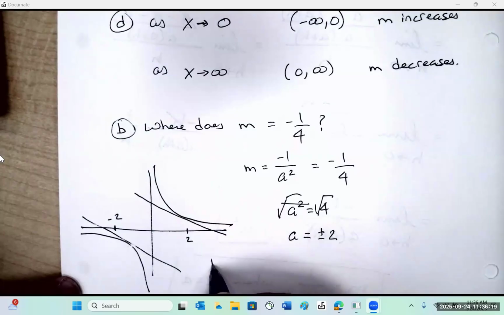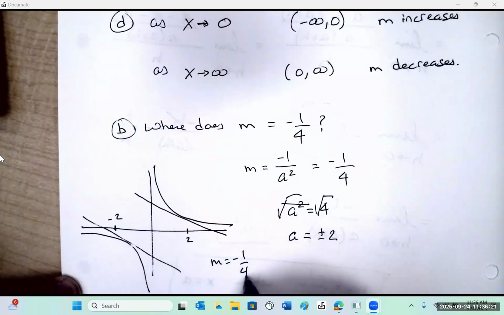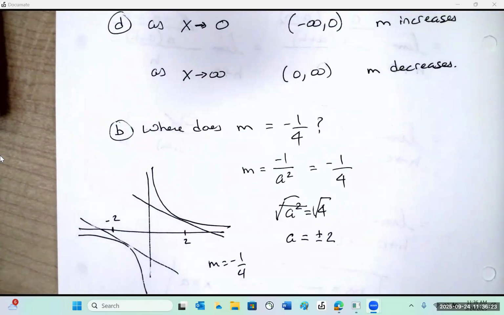So those slopes are going to be -1/4. So the positive and negative of each value x is going to give us the same value for the slope because they're going to be parallel at that point. So far, so good?